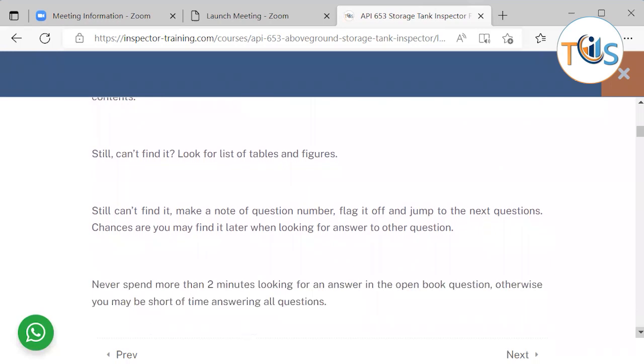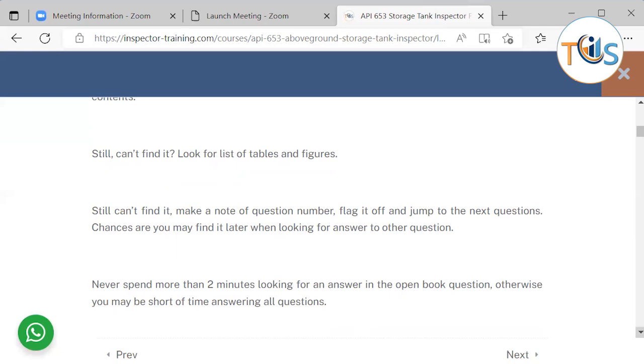And if you can't find it, make a note of the question number, flag it, and jump to the next question. Chances are you may find it later when looking for the answer to another question. Don't spend more than 1 minute on a closed book or more than 2 minutes on an open book question. It's not going to help if you drag it on, and you will be short of time at the end.